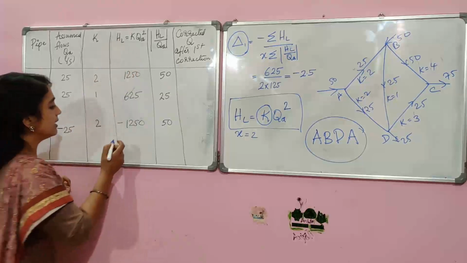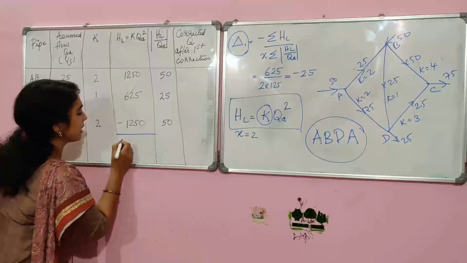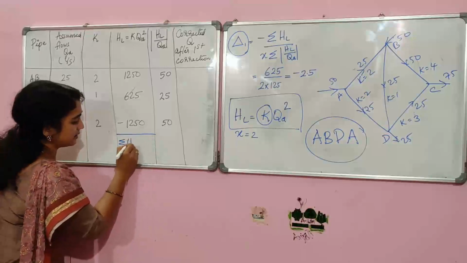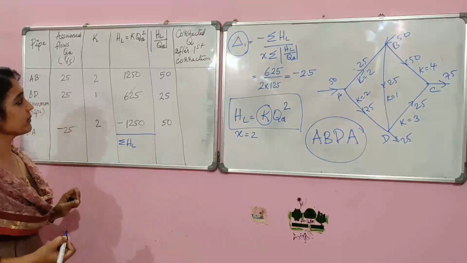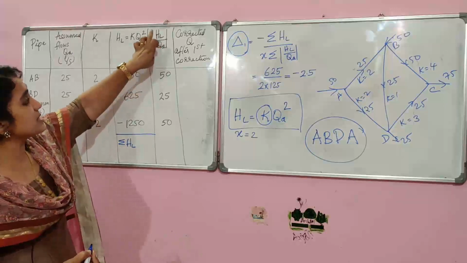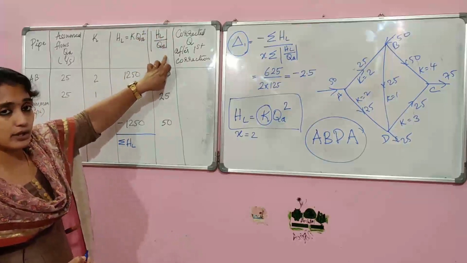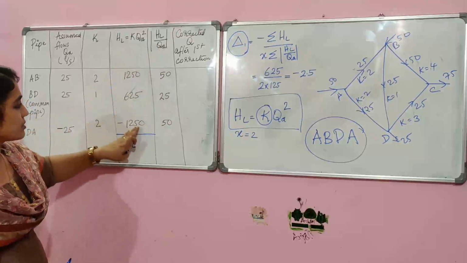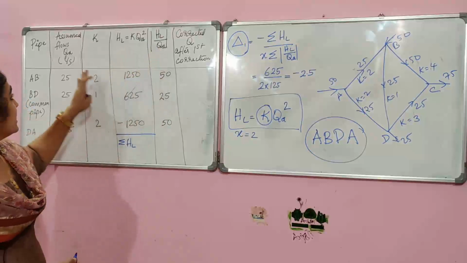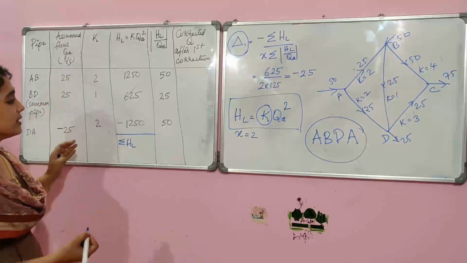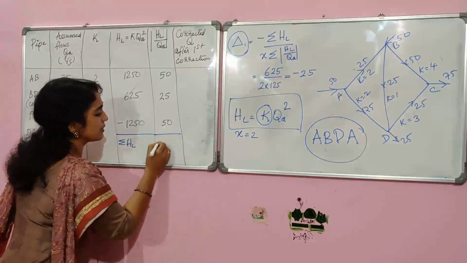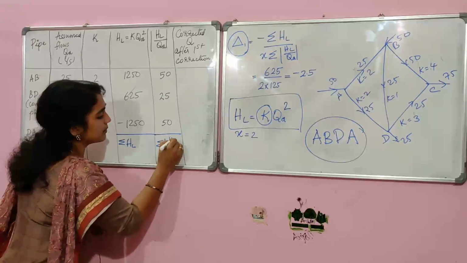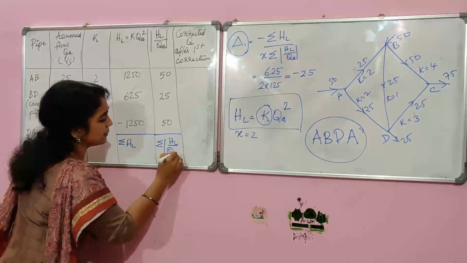Then here we have to calculate sigma HL. Then the next column is mod of HL by QA. That also you can calculate. HL is already calculated, and QA is given in the second column. Then this also you have to calculate, sigma mod of HL by QA.